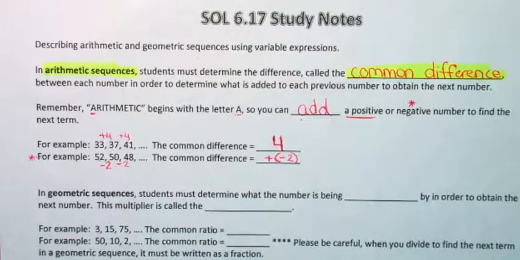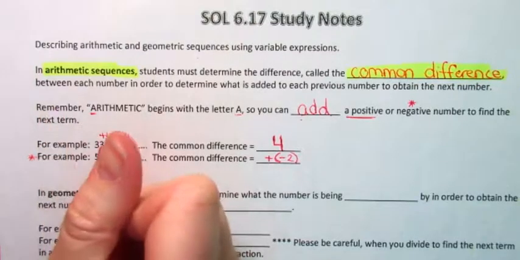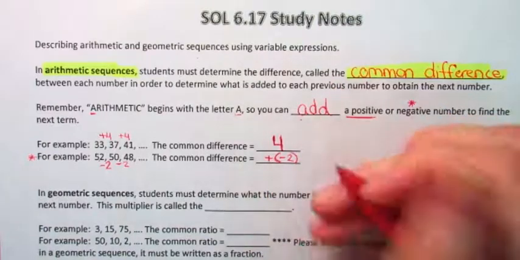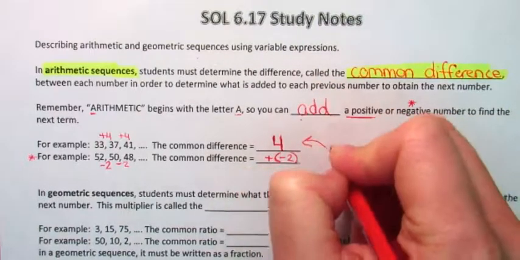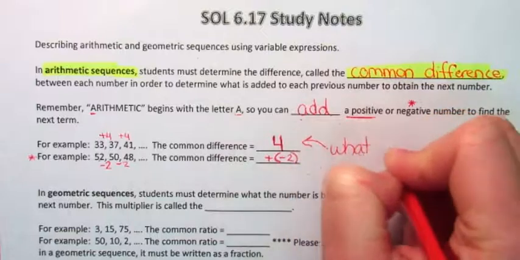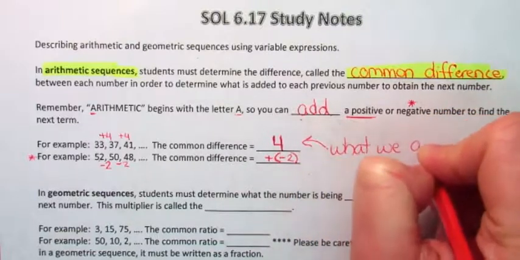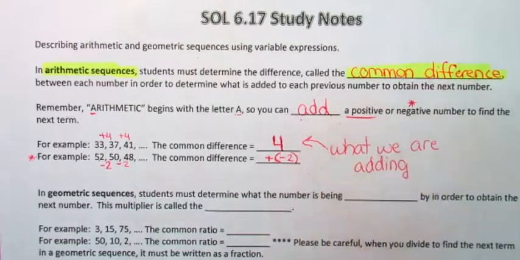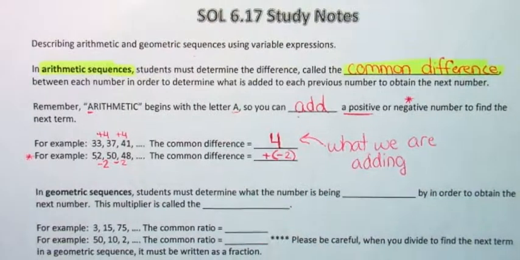You don't have to do that. You need to be responsible for that first one, if you can figure out the common difference, what you're adding. We'll even make that note here: common difference is what has been added.